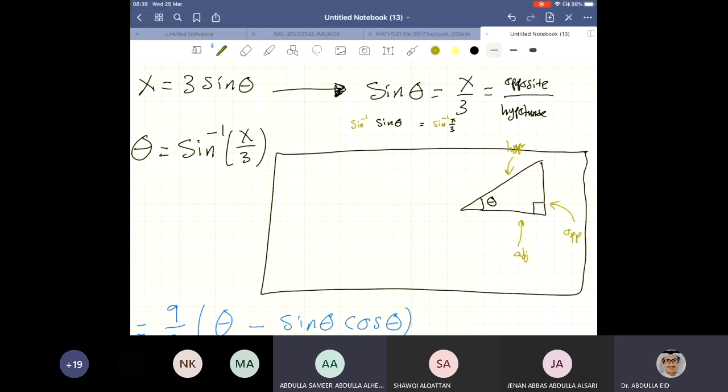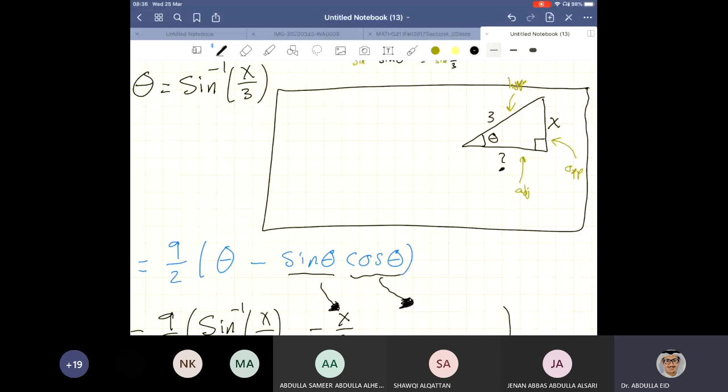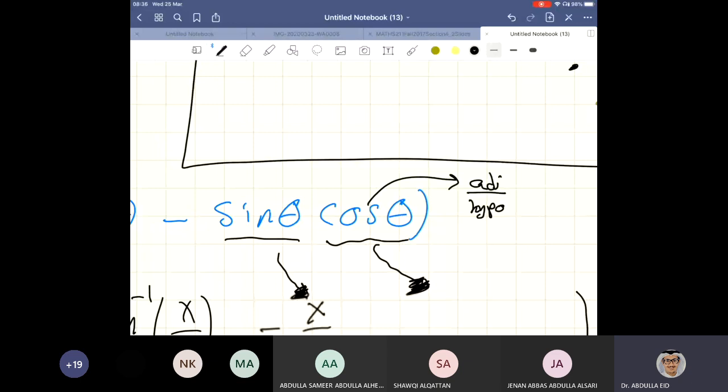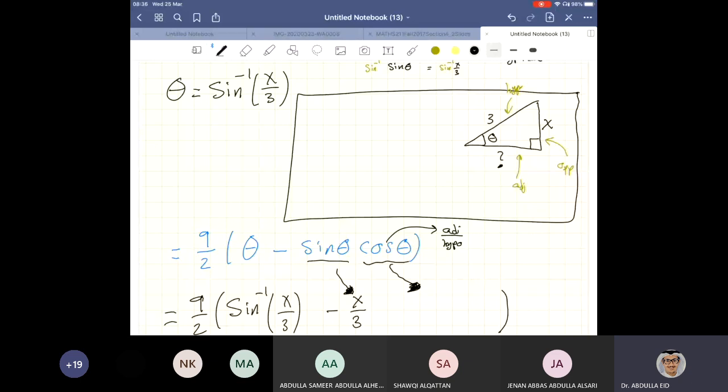So we go back here, and this is x, and this is 3. Now I need to find how much is the adjacent. Why do I need the adjacent? Because the cosine is the adjacent over the hypotenuse. So let's go back here and find the adjacent.